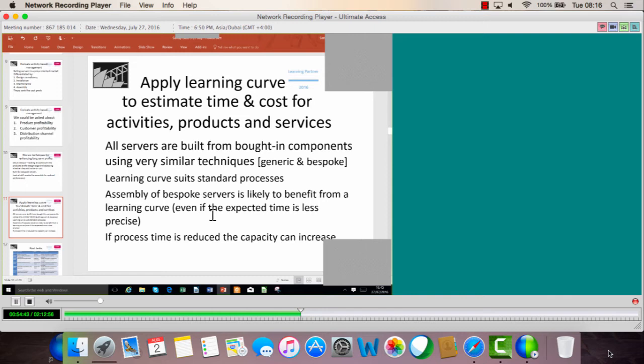Now, in terms of the first type of learning curve, where it's an identical process time and time again, we could identify quite a precise percentage learning curve. We could have a rate of learning that we're able to identify in quite precise terms.